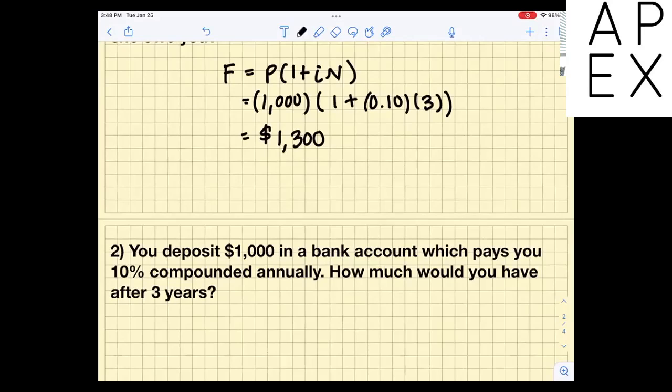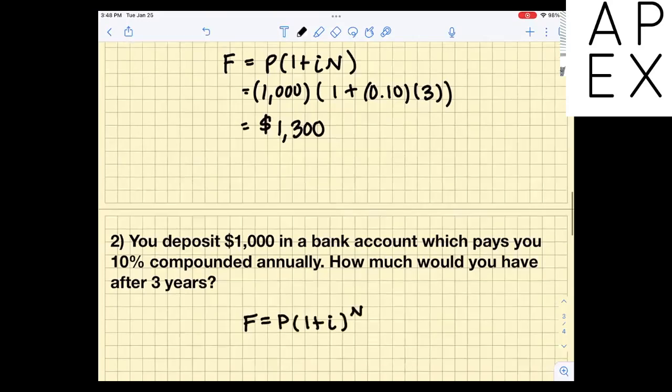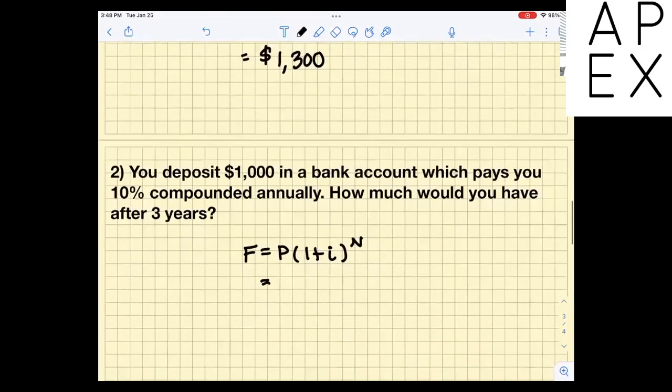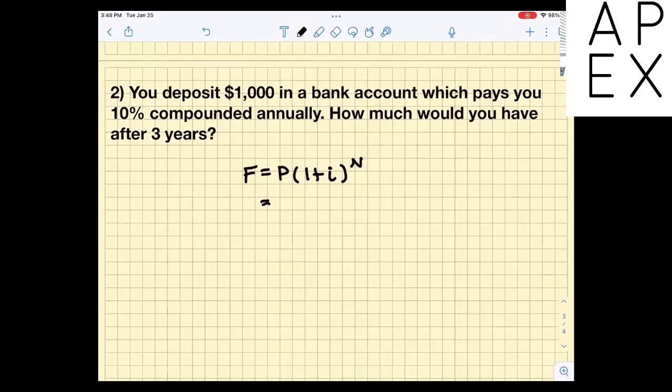So first of all, which equation should we use? The first one or the second one? Second. Why? Because this is compound interest, not a simple one. So we're going to use F equals P times 1 plus I to the N. What's P? 1,000. What's I?